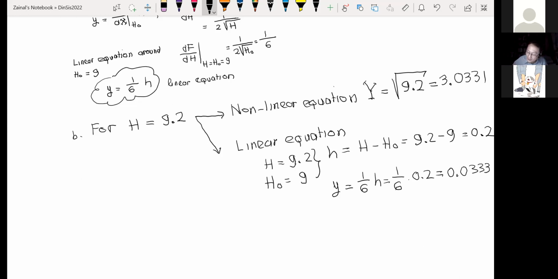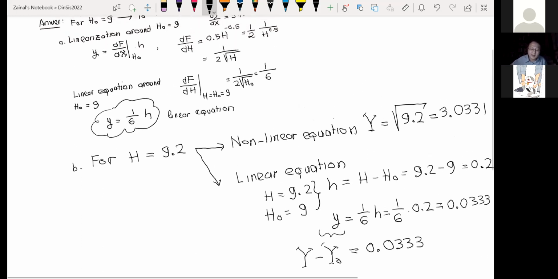Right? But small y is equal to y minus y0, which is equal to 0.0333.